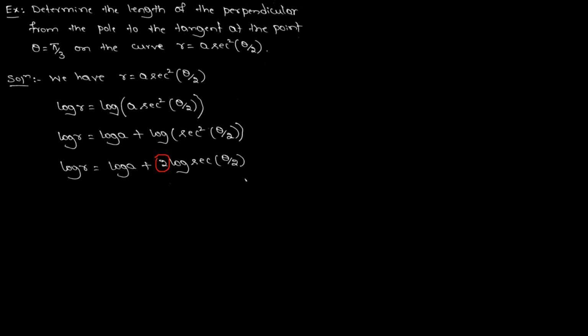Now let us go for the differentiation. Differentiating with respect to theta on both sides, we get the differentiation of log r as 1 by r into dr by d theta by using the chain rule. Differentiation of log a is 0 because it is a constant, independent of theta.